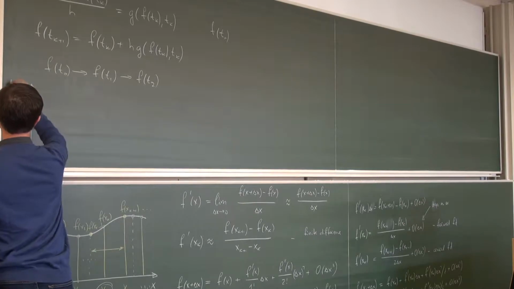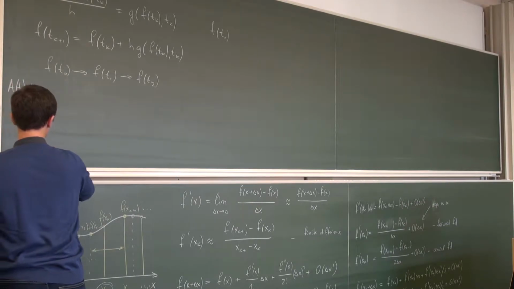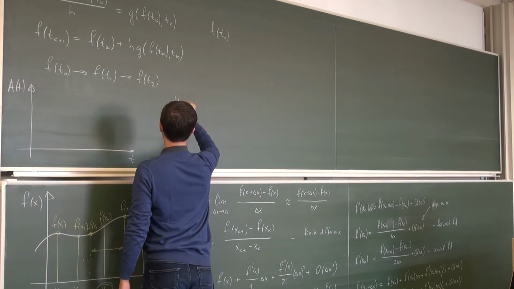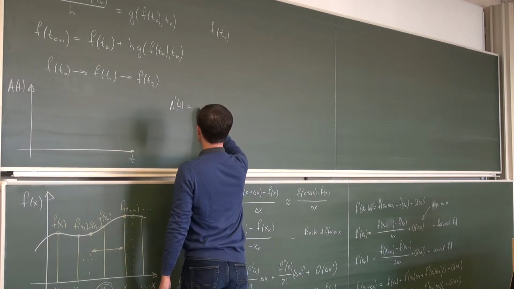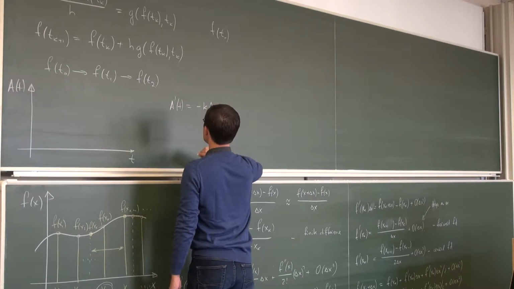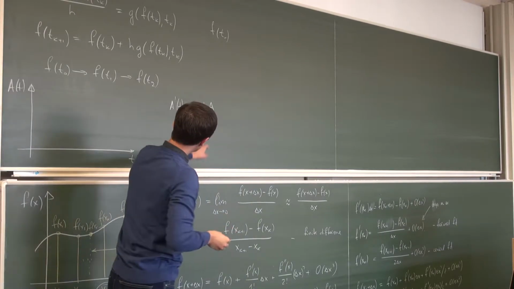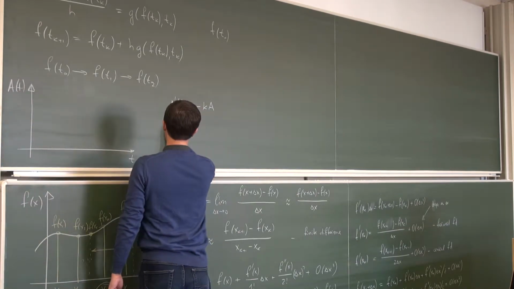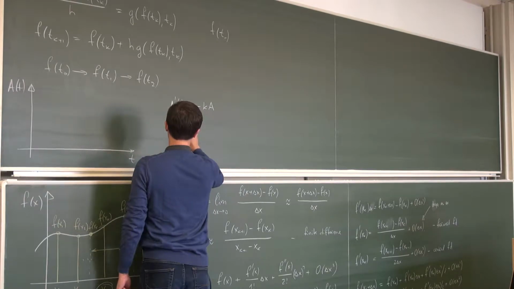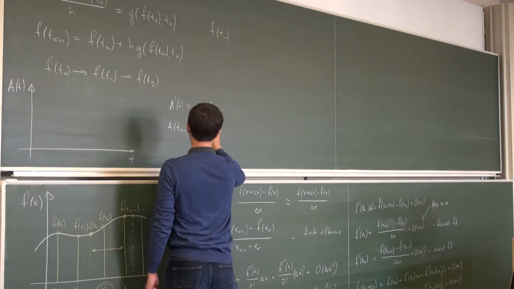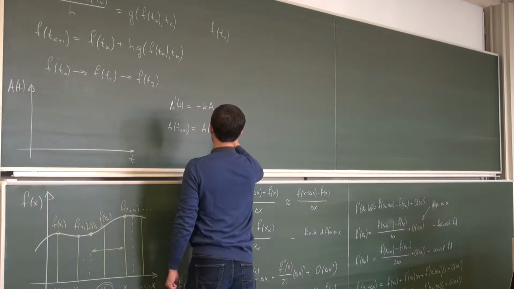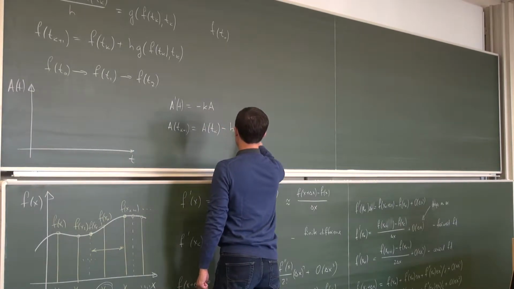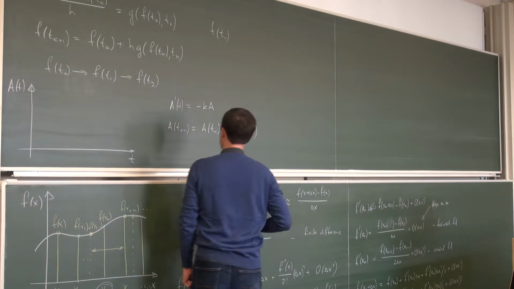That is our concentration as a function of time, and this is our time, and our a prime of t is minus ka. The function g is particularly simple. Then a of t_{k+1} will be a of t_k minus time step h times k a of t_k.